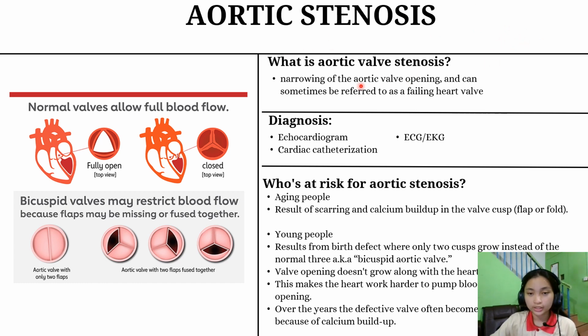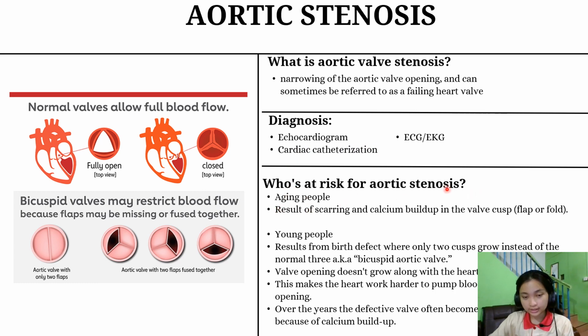So putting it together, aortic valve stenosis refers to the narrowing of the aortic valve opening and can sometimes be referred to as a failing heart valve. There are ways to diagnose this disease. We can perform an echocardiogram or EKG and cardiac catheterization.